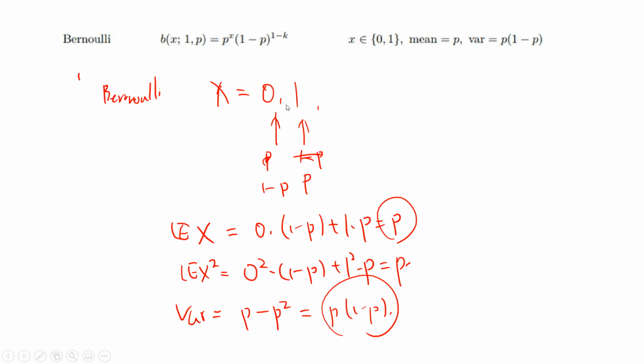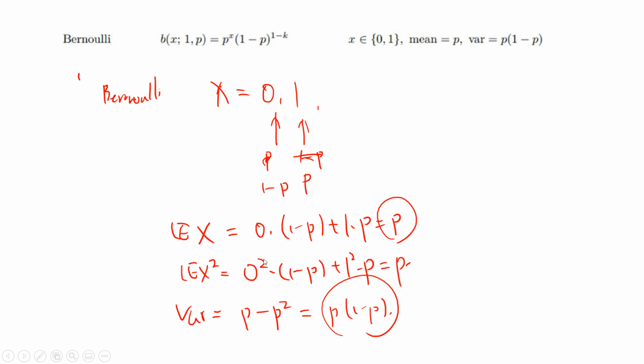Okay, so let's first see the Bernoulli distribution. X takes values 0 and 1, the mean is p, and the variance is p(1 minus p). Bernoulli has X can only be 0 or 1, and for 0 it has probability 1 minus p, for 1 it has p. So E[X] is 0 times (1 minus p) plus 1 times p, so it's p.